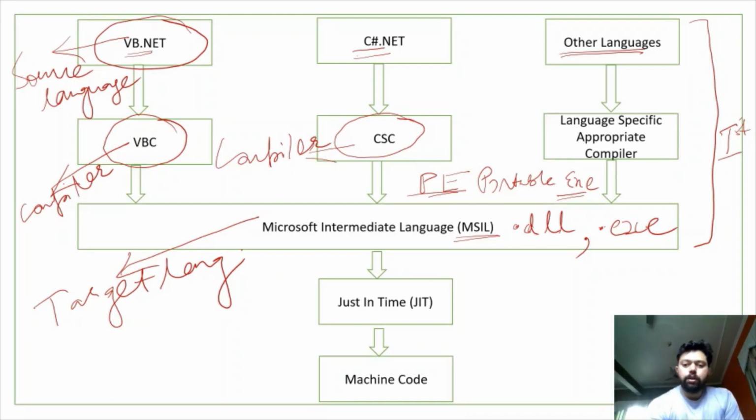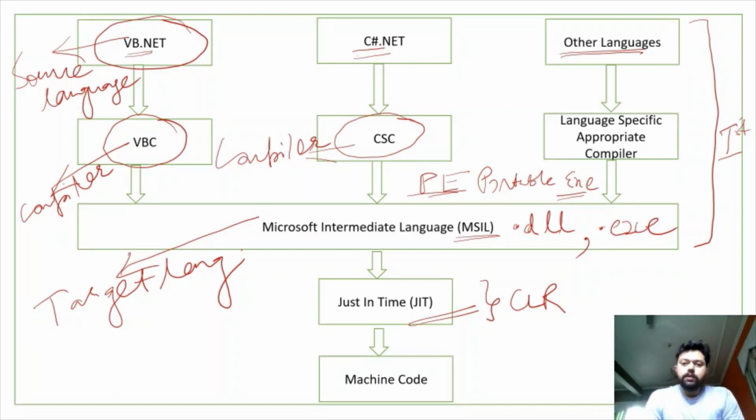The just-in-time compiler is provided by the .NET runtime environment. It is a component of the CLR, which will compile your intermediate code into machine code, so that your machine will be able to execute it as target machine-readable code.